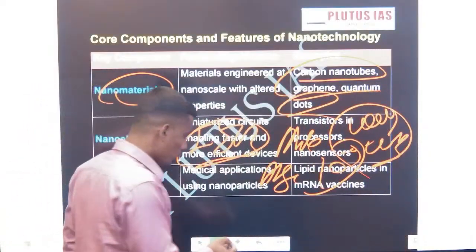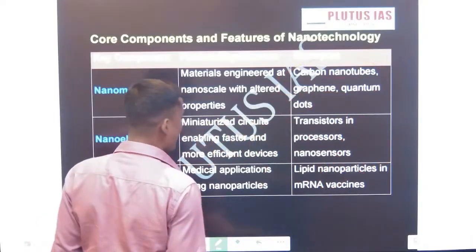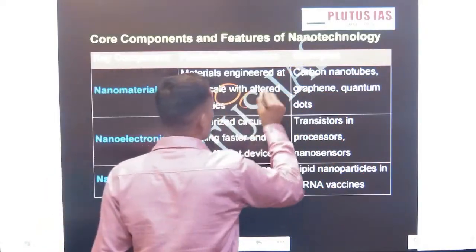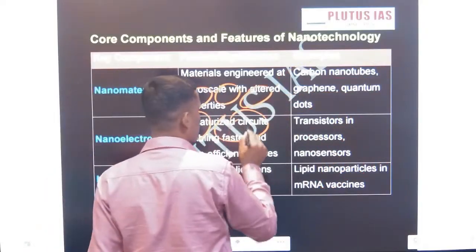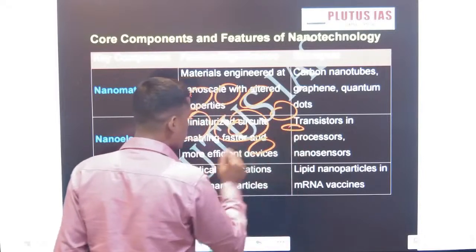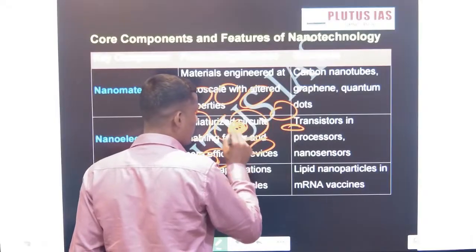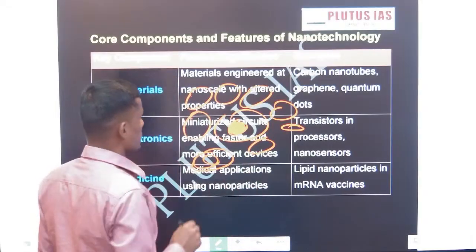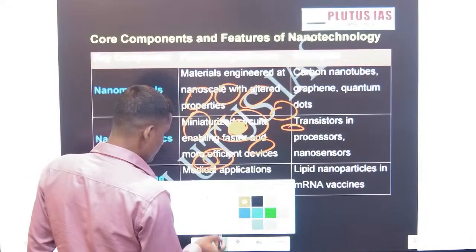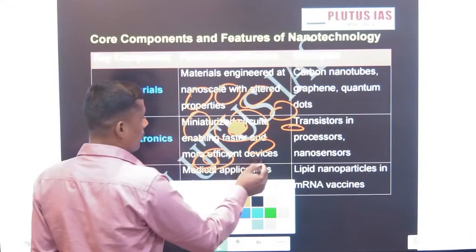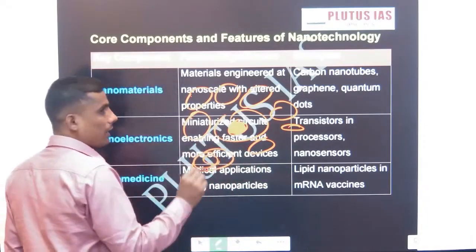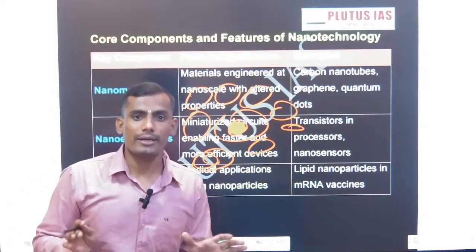And just think, you are suffering from cancer, and this is your cell, and in this there is a cancerous cell. We are not able to detect this by normal technology.